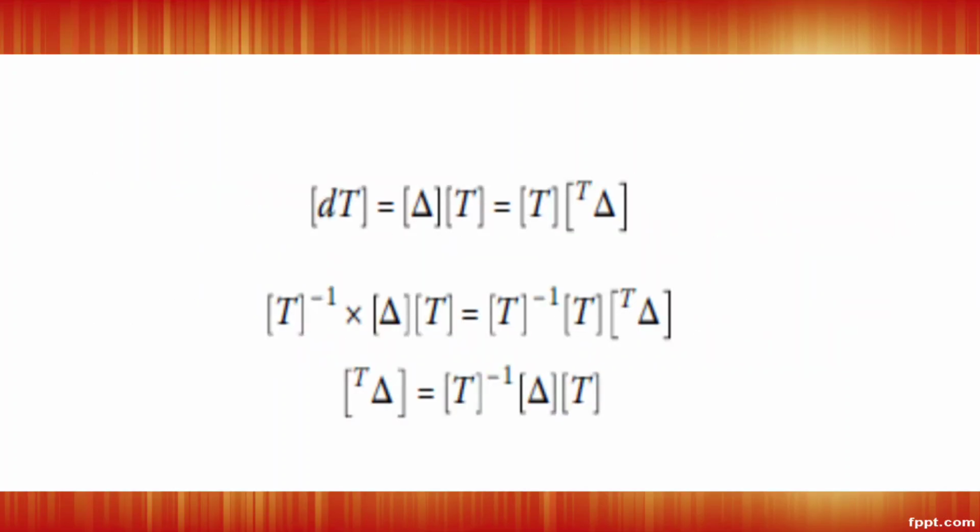So we have the small change in the transformation, dT equal to del matrix into matrix T, that is T into T del. Multiplying both sides by T inverse, that is T inverse into del into T equal to T inverse into T into T del, that is T del equal to T inverse into del into T. So this equation can be used to calculate the differential operator relative to the frame, T del.